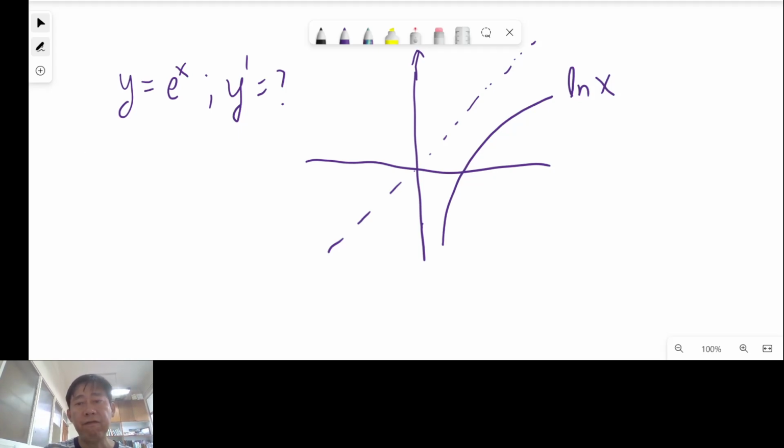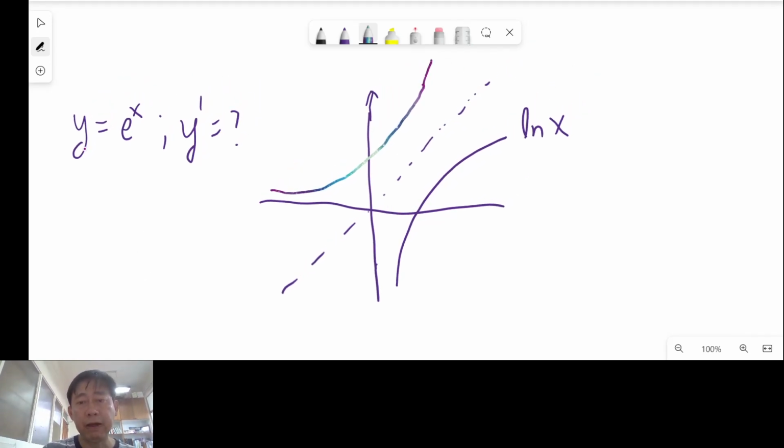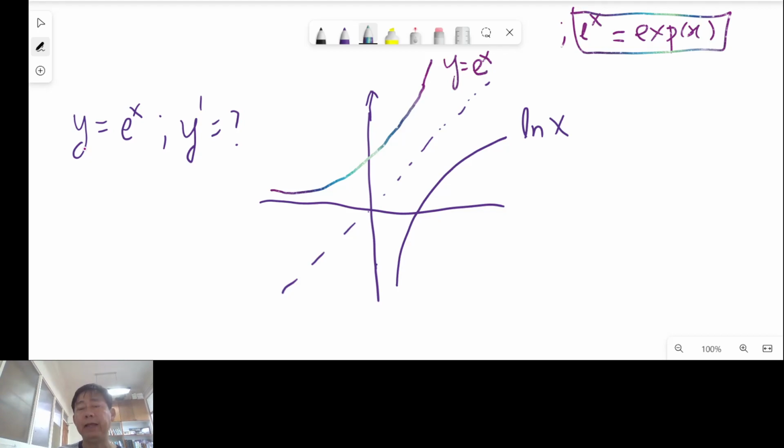That is, you reflect the natural log onto the y equals x axis, then you get this graph which represents the exponential function y equals exponential of x. So the exponential of x is expressed and calculated as e power x. We have explained this in the first part of the lecture very thoroughly already.